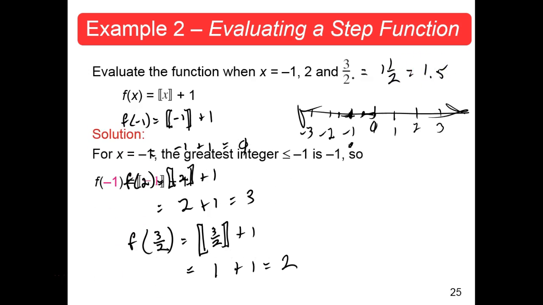So any positive number, if it's something in between, write it as a mixed number or mixed decimal, throw away the fraction or the decimal. The greatest integer will be what shows up there.